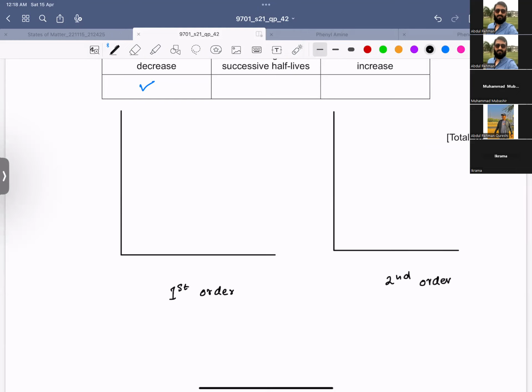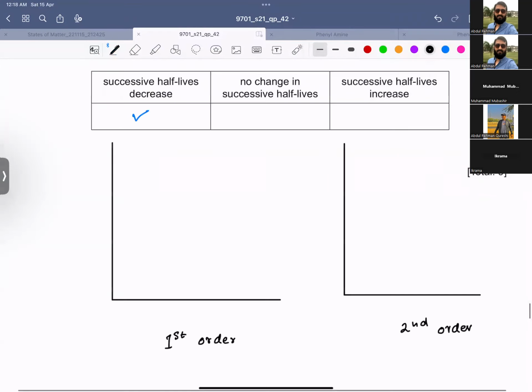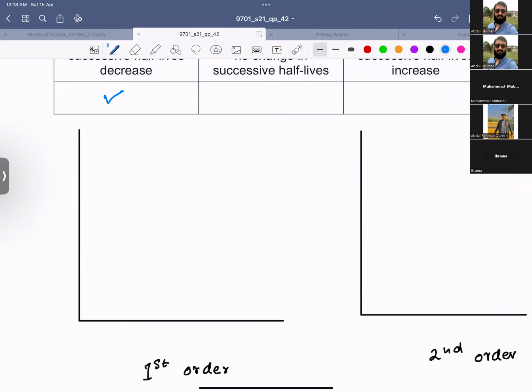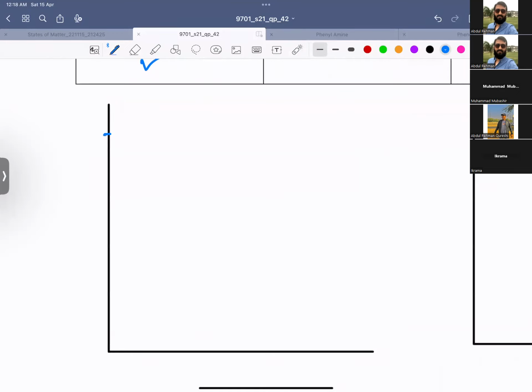So for first order, what you would do, that is manipulation, not the exact thing, because you have to make it rough. For example, you would make a point over here, that is your initial concentration, okay? Then if I look at this, can I mark this? No, not this.